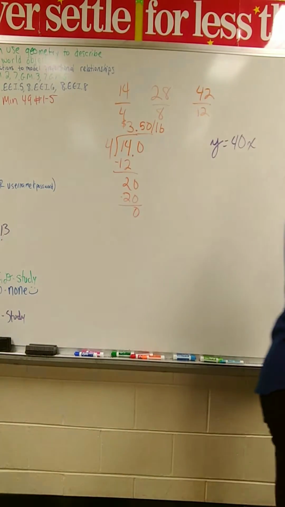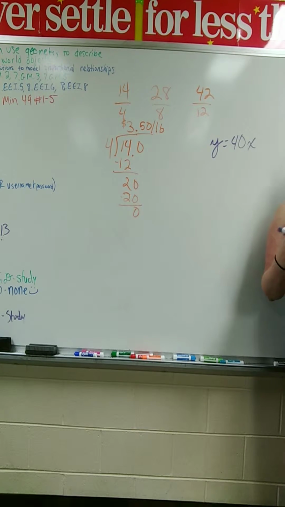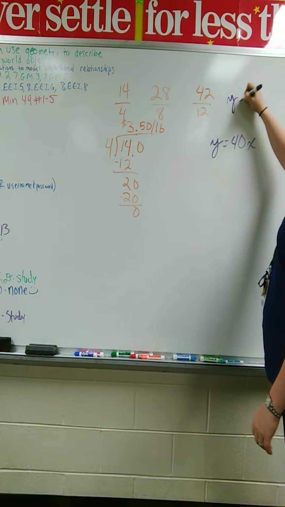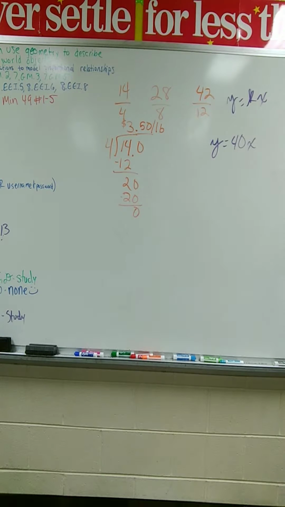So, let me remind you. If something was proportional, we said that it fit the format of the equation y equals kx. Is that the constant of proportionality? That's the C. You're right, but C's don't look that good.